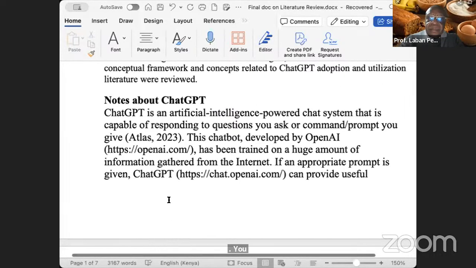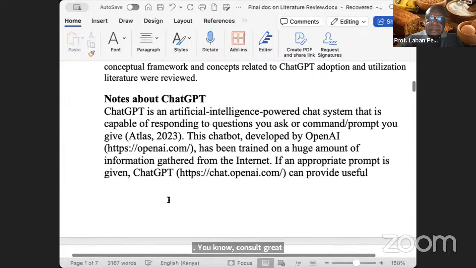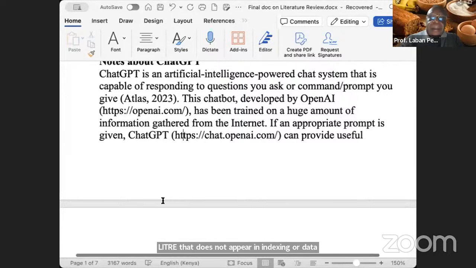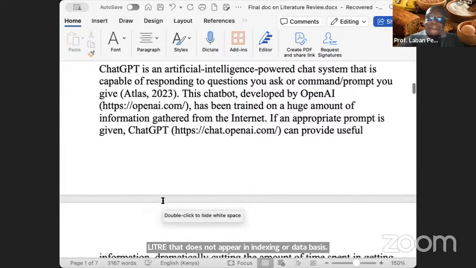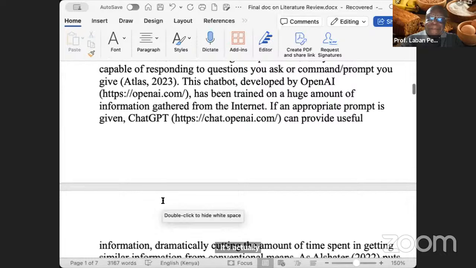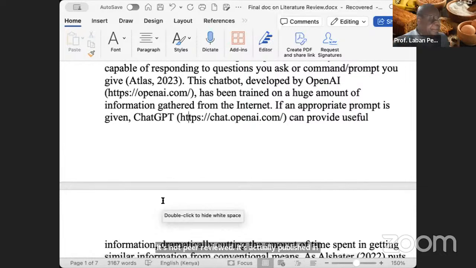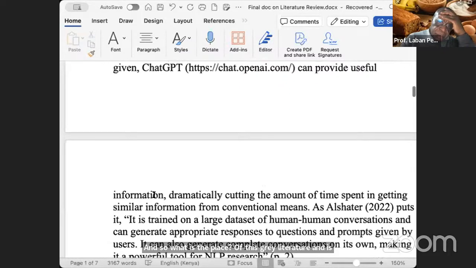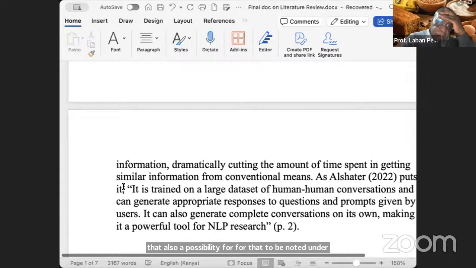And by that, I mean literature that does not appear in indexing or databases. It's not peer reviewed. It's actually published in websites. It's credible research for some reason. And so what is the place of this grey literature? And is that also a possibility for that to be noted under the overview section?